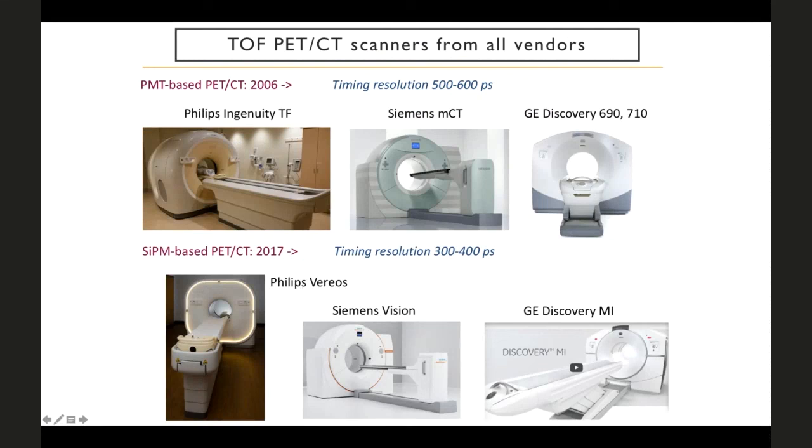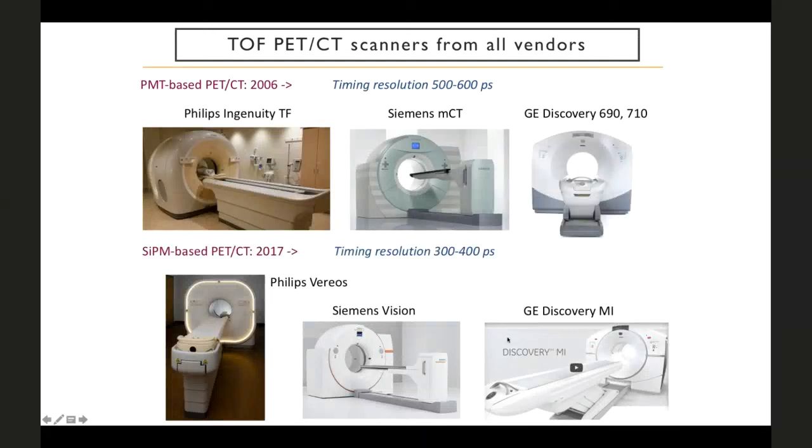And also bear in mind that the PET Explorer is based on the Vereos silicon photomultiplier detectors. So we're already familiar with how that operates. We also have one of the Siemens Vision systems. And then, of course, there's also a GE product as well.